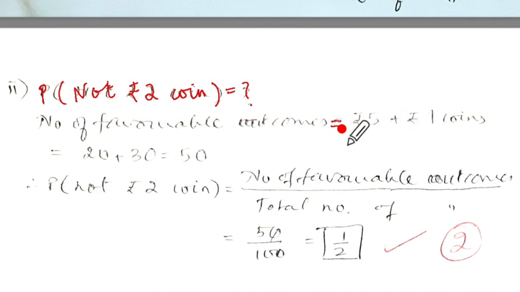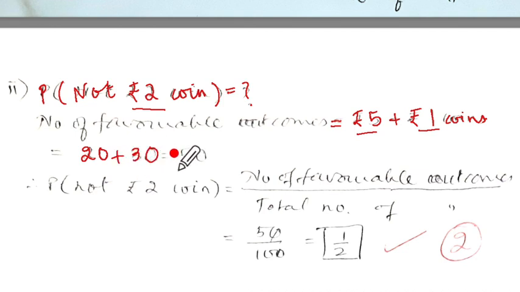Favorable outcomes would be rupees 5 coins and rupees 1 coin, because we don't want rupee 2 coin. So we have to take rupee 5 coin and rupee 1 coins. We'll have to take those. Okay. So rupees 5 coins worth 20 plus rupee 1 coin worth 30, and so the favorable outcomes, there are 50 of them.